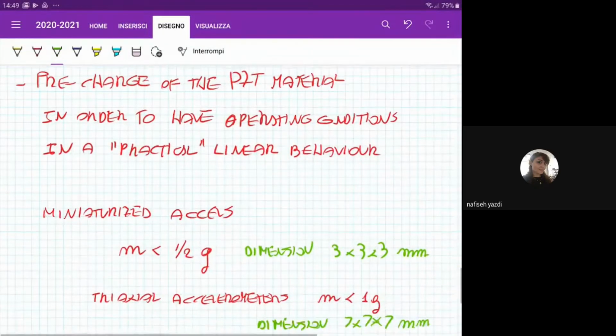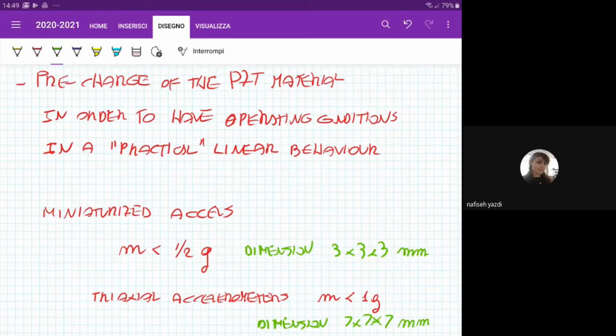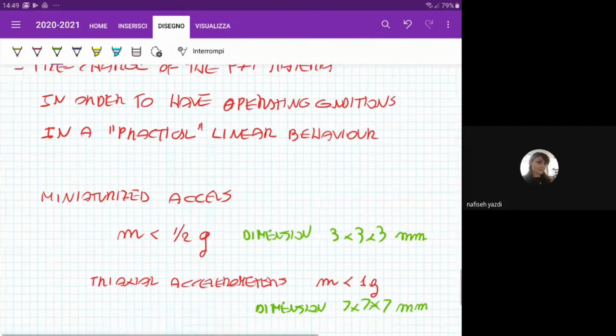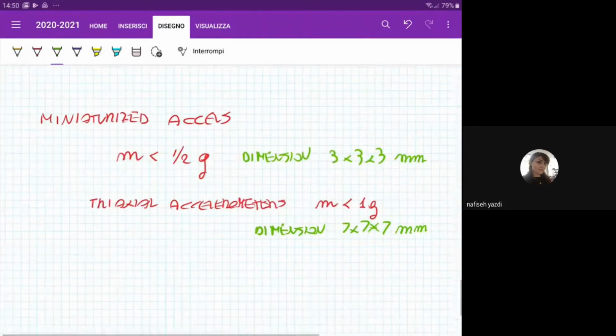But most of the time, it is better to have your transducer with an output tension as the output electrical quantity. So it is possible, and the manufacturers made a lot of progress in doing that, to miniaturize also a sort of amplification stage inside the accelerometer, so that we can have what we call ICP accelerometers.